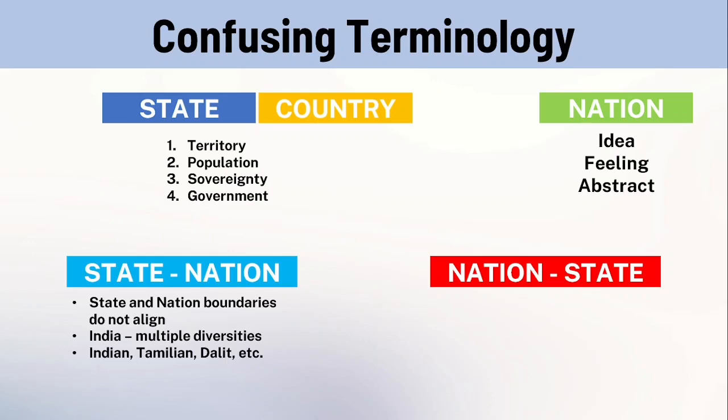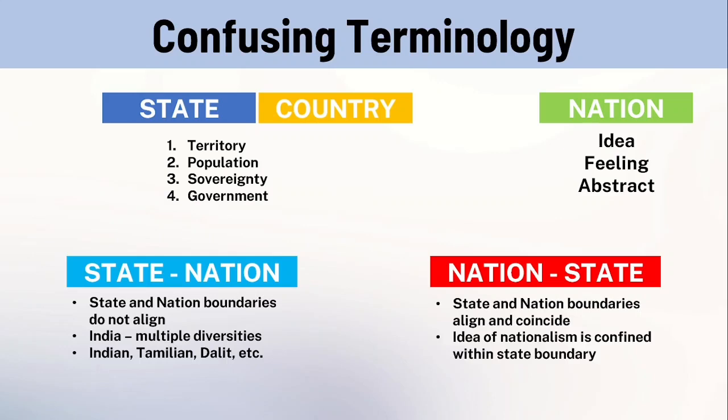What's a nation state? A nation state is where the state and nation boundaries align and coincide. There are many examples of nation states, where the idea of the nation, the idea of the common identity among people, does coincide with the state. For example, France is an example of this.